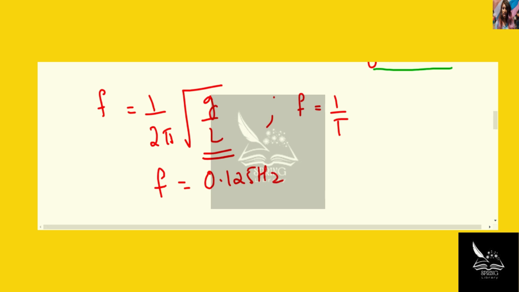It remains to be 0.125. And f doesn't depend on the mass or the amplitude of the swing. Now, since the amplitude of the swing is fairly small, we can use a small angle approximation for which the period is independent of the amplitude.